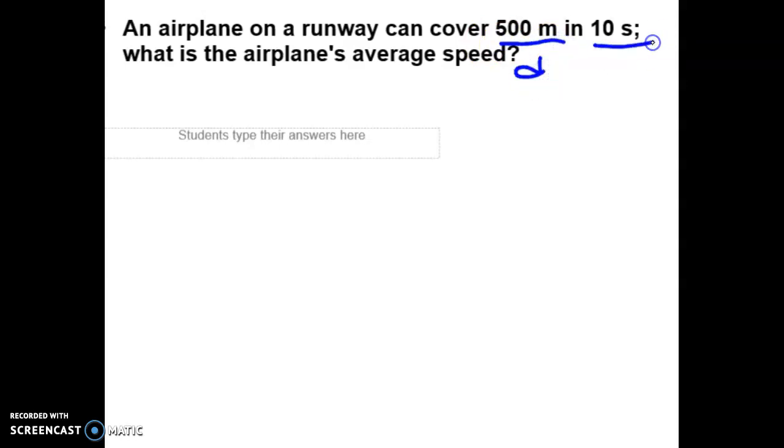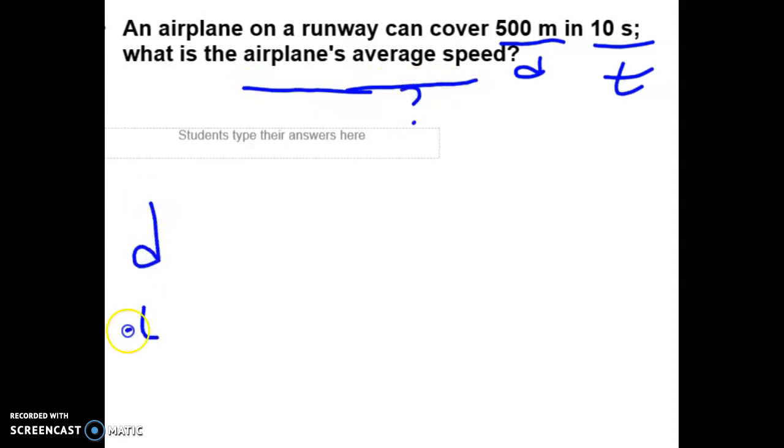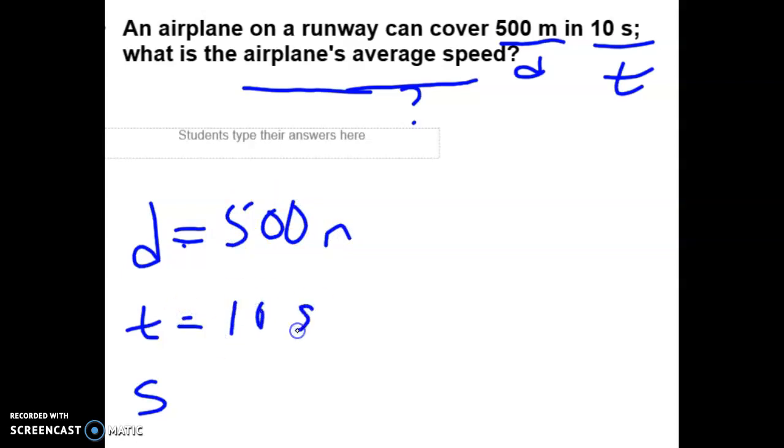Our next problem says that an airplane on a runway can cover a distance of 500 meters in a time of 10 seconds. We want to know the speed. So we have distance, time, speed. The distance is equal to 500 meters. The time is equal to 10 seconds.